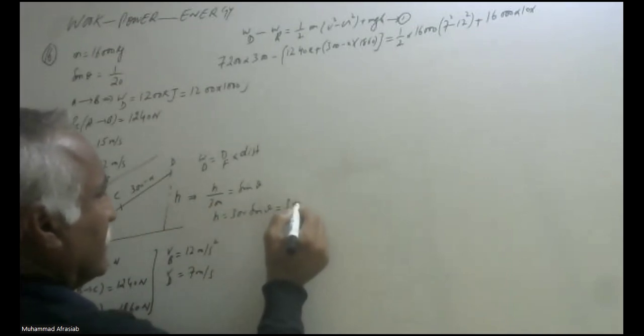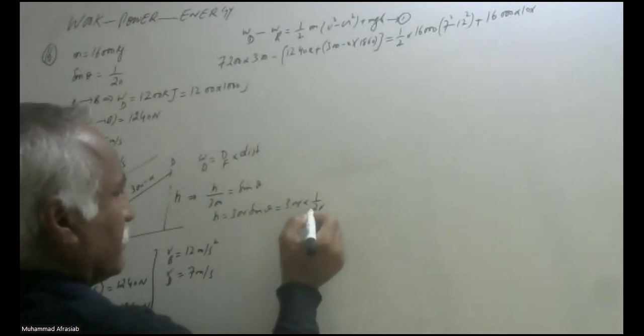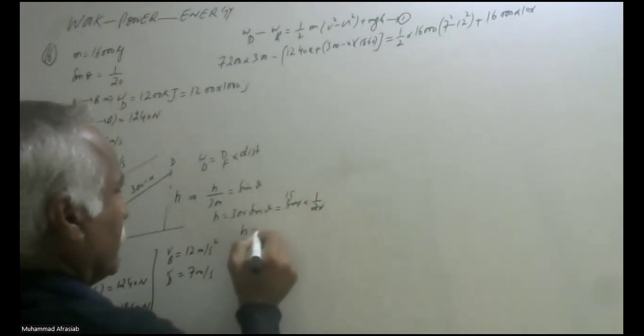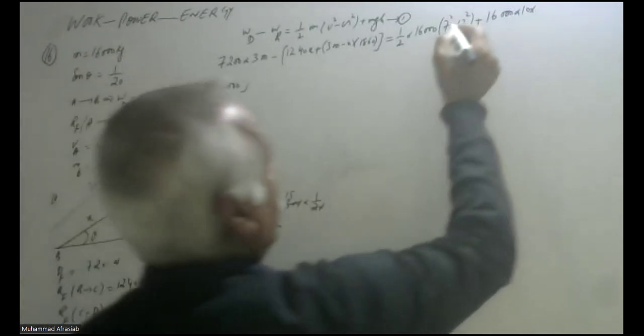The sine value of theta is 1 over 20, so h is equal to 15 meters.